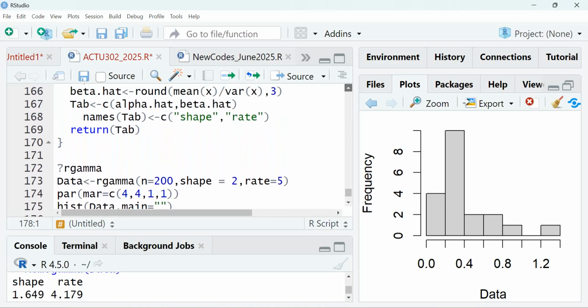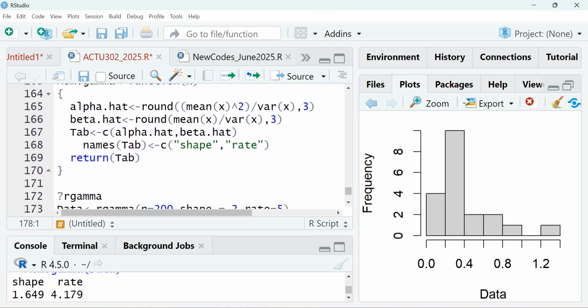So let me go back to the edits that I did. Basically, whatever my alpha hat and beta hat, I put them together to become what? A vector. I name the vector, the objects within the vector, and then I return the vector. That's it.